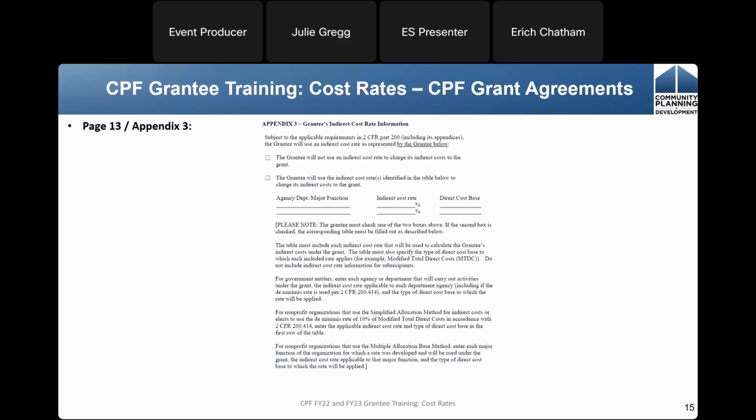And we will go through each of the cost basis momentarily. Details about those cost basis, which we'll be covering, including the modified total direct cost and the de minimis rates, and the simplified allocation methodology for total direct cost. All of this we are going to cover today, but this is where you can see reference in your grant agreements to this material. Next slide.